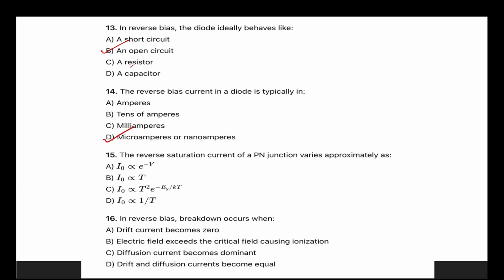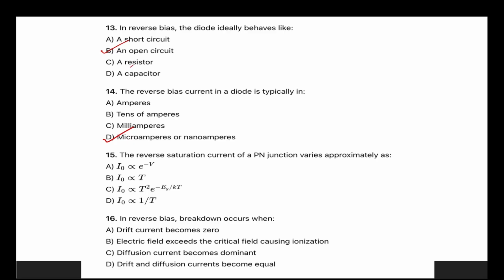Next question. The reverse saturation current of a PN junction varies approximately as: Option A, I0 is proportional to e raised to minus V. Option B, I0 is proportional to T. Option C, I0 is proportional to T square into e raised to minus Eg by kT.